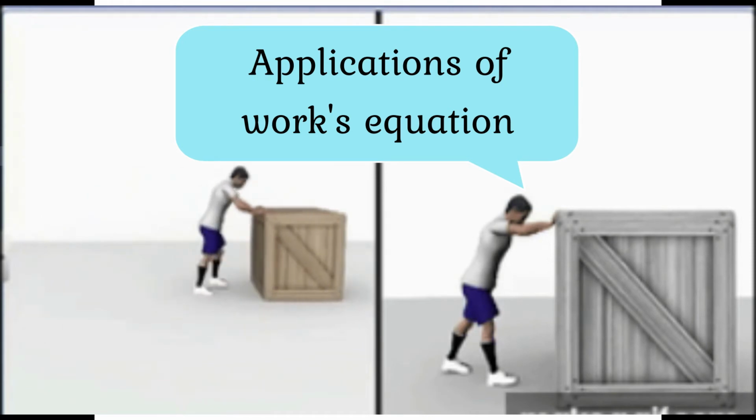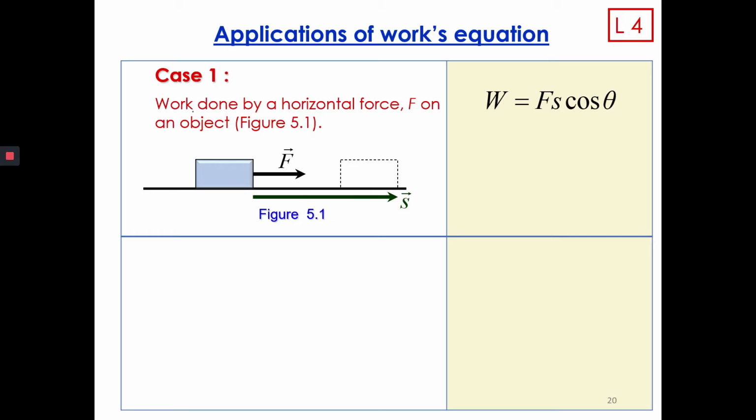Applications of the work equation. Case 1: work done by a horizontal force F on an object, as shown in figure 1. You have a horizontal force, and this is the displacement of the object. Based on the equation W equals Fs cos theta, what is theta here?